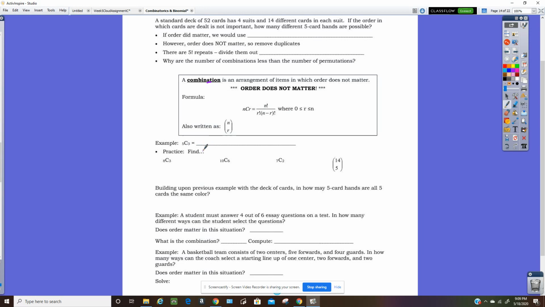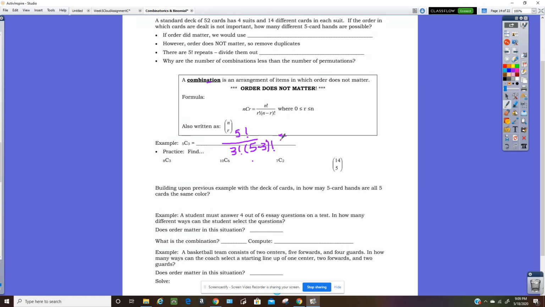So this first one is 5 choose 3. It would look like this here. It'll be 5 factorial over 3 factorial, and then (5 minus 3) factorial.